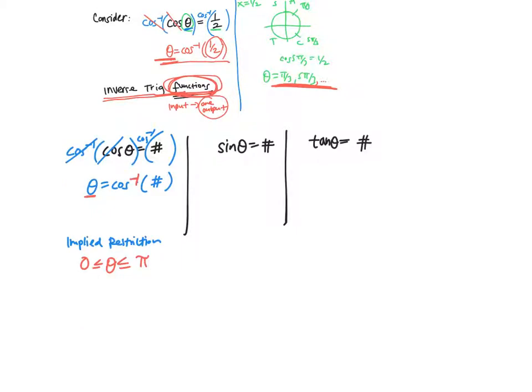We do this because it will limit your output to be just one possibility, so your inverse is a function. Note that inverse cosine could be written with a -1 superscript there, but sometimes it could also be written as arc cosine. Okay, so inverse cosine, arc cosine, same meaning, two different notations.